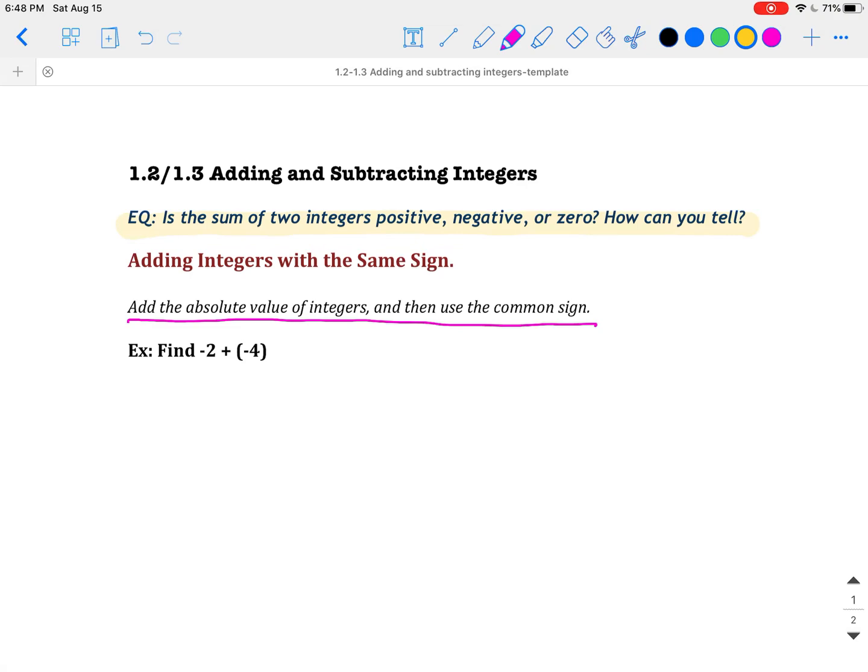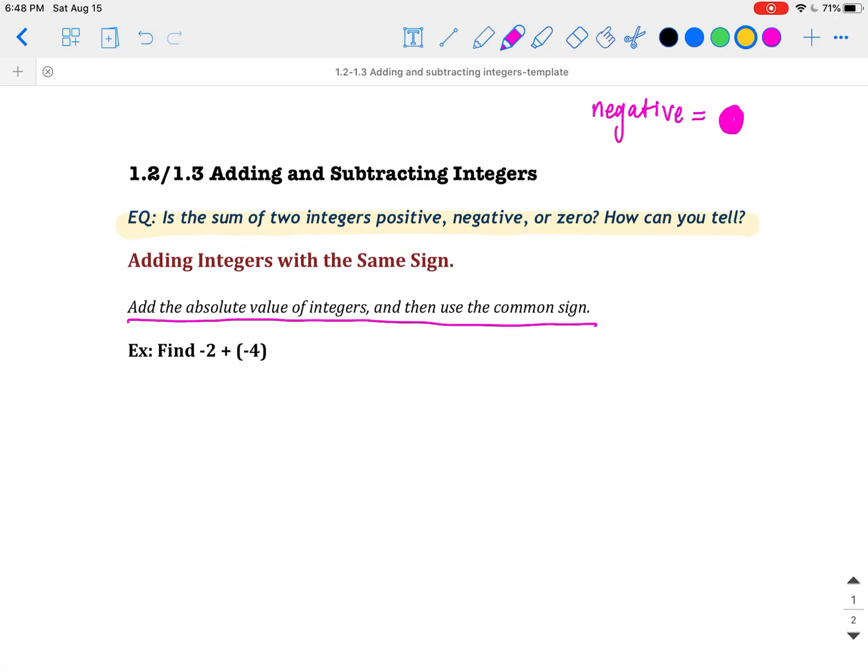All right, so this first question says, example, find -2 plus -4. Now, we're going to differentiate these types of integers, the positive ones and the negative ones, by creating models to represent them. So in order to represent the negative, I'm going to write it in this top corner. I'm going to use a counter that looks like this.